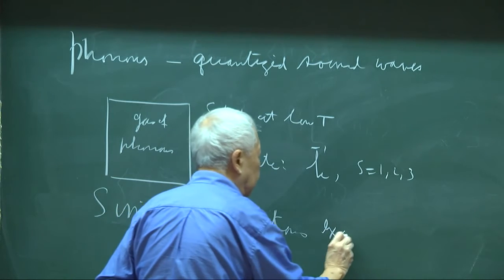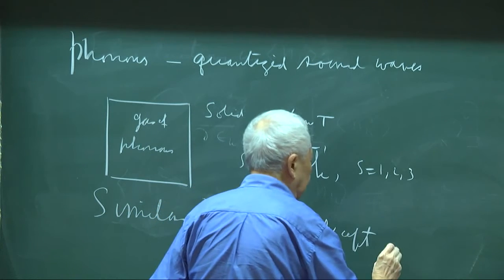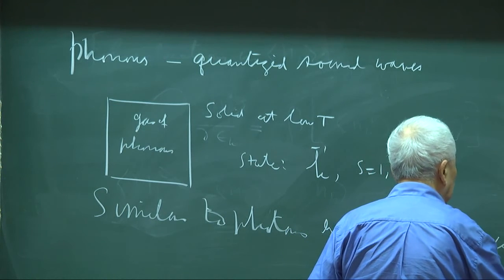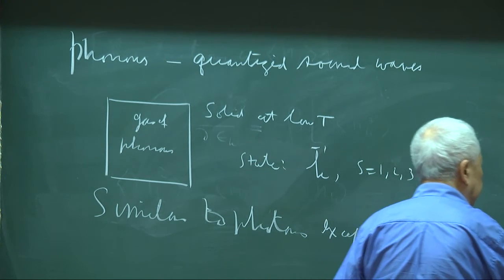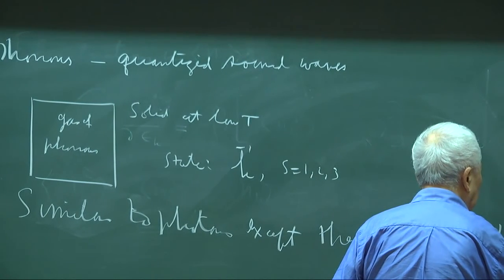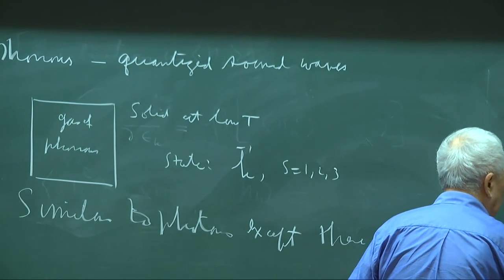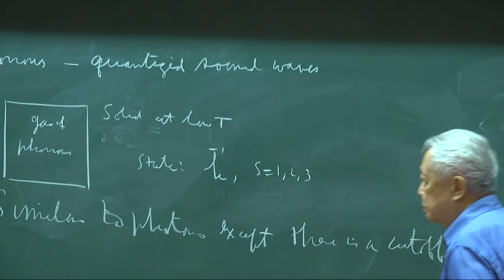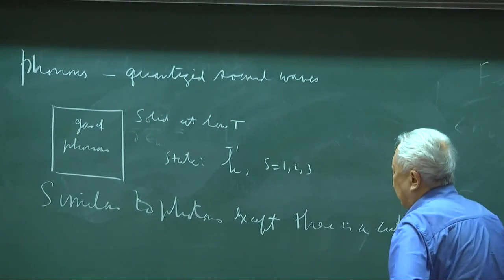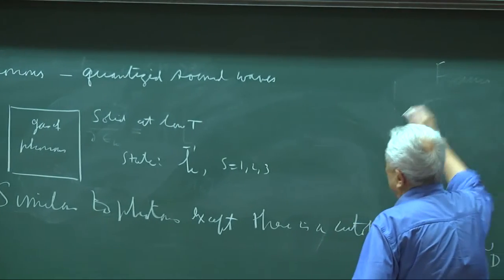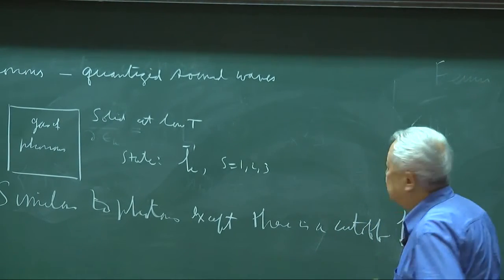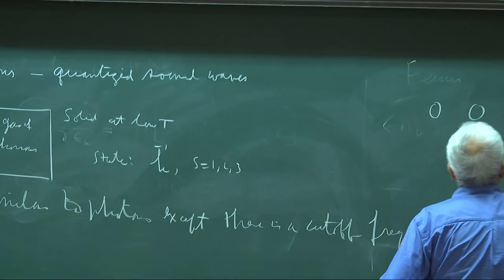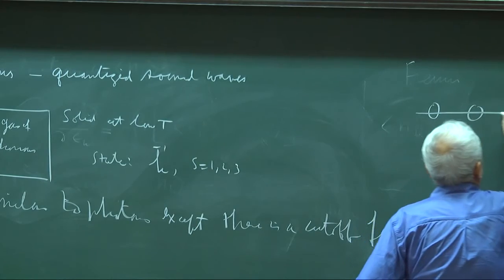It's quite similar to photons, except there is a cutoff frequency, omega Debye, a Debye cutoff. Why is that? That's because you don't have a continuous medium. You have a crystal lattice, like this.